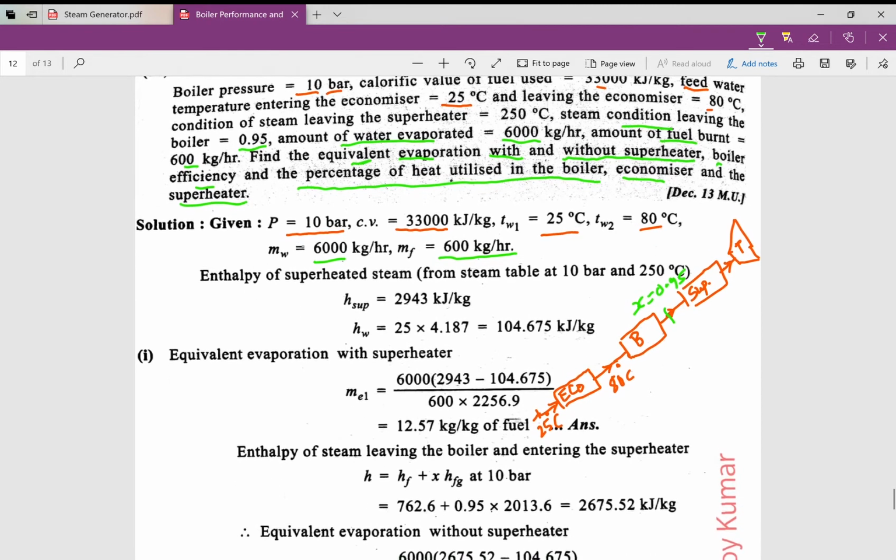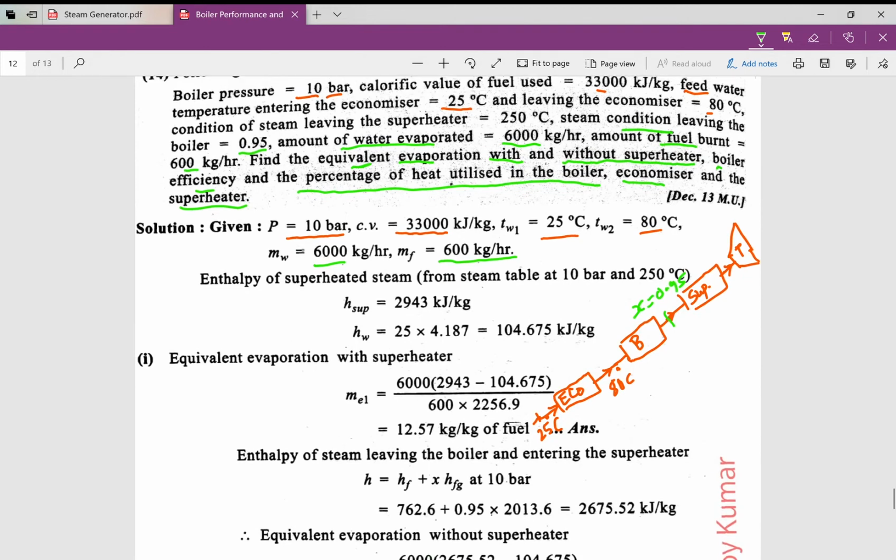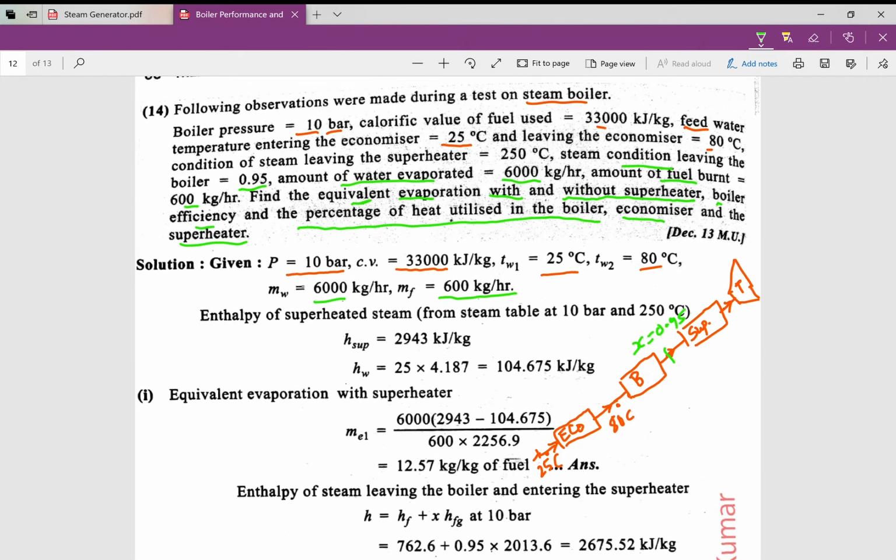Okay. So now students, the condition of steam leaving the superheater is 250 degrees centigrade. So this temperature at the outlet of superheater is 250 degrees centigrade. So I repeat once again, water which is supplied to economizer at 25 degrees centigrade gets heated by this economizer.